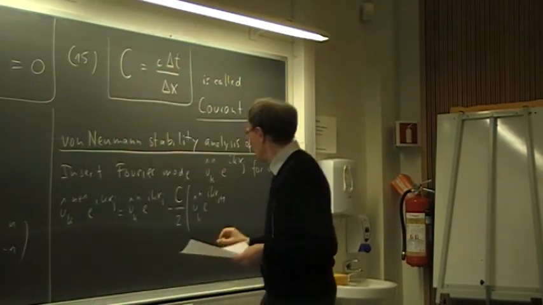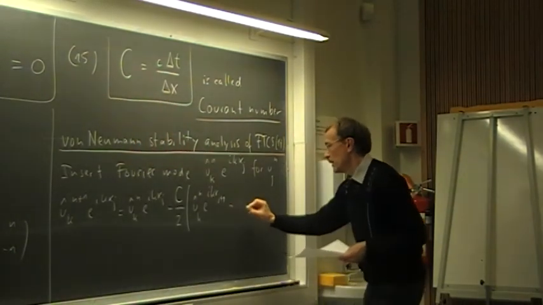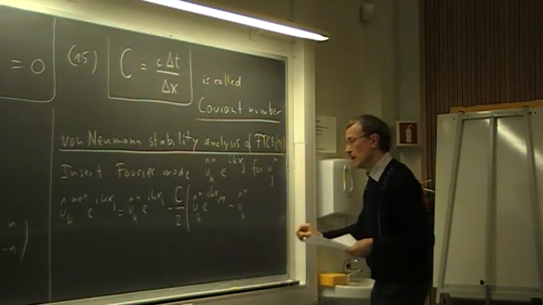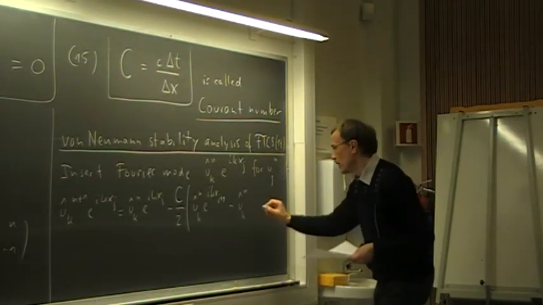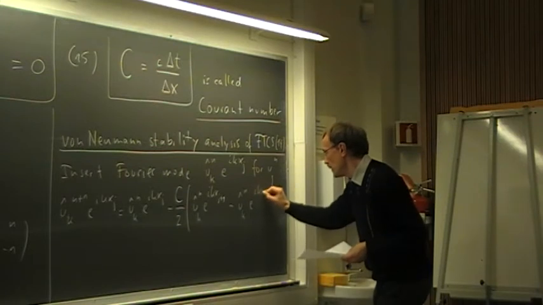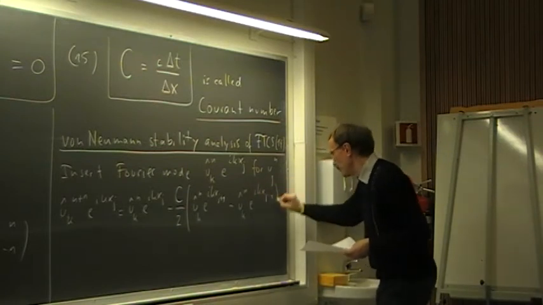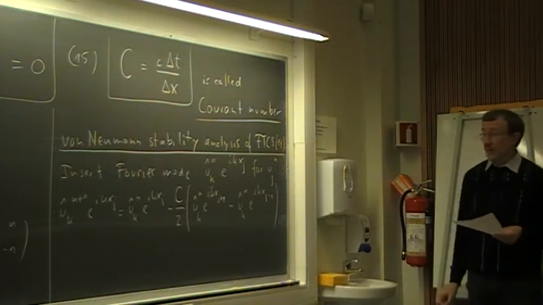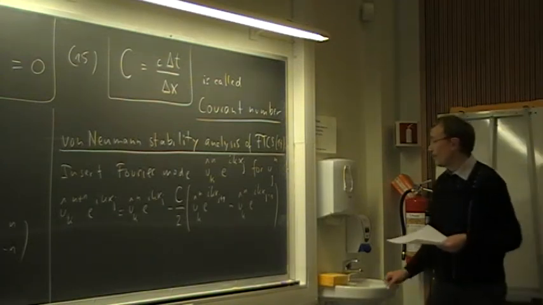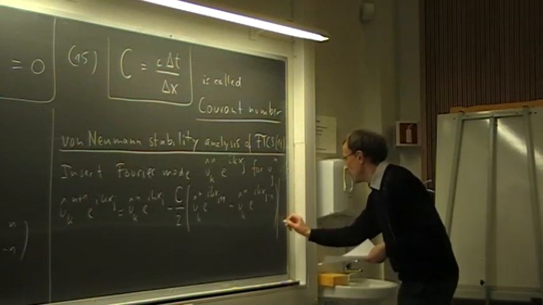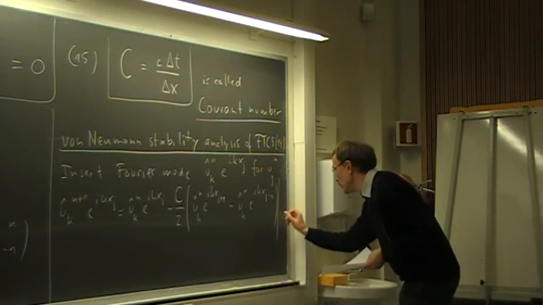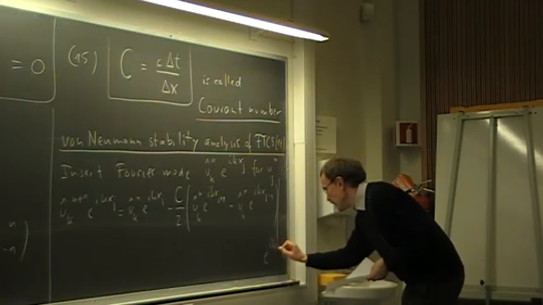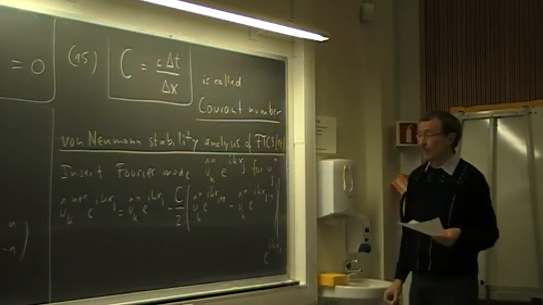This is minus the corresponding term at xj minus 1. So the amplitude again, wave number k, time level n, e to the I k xj minus 1. And then we divide the whole equation by e to the I k xj.